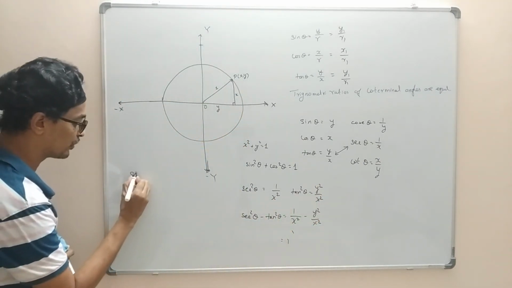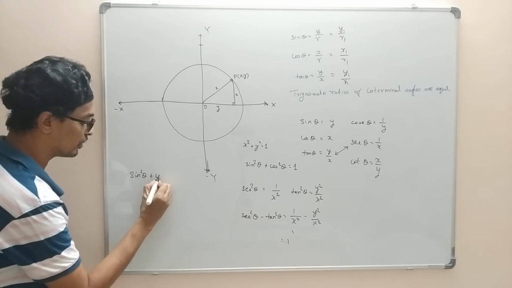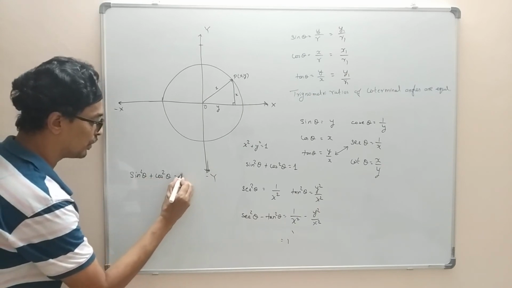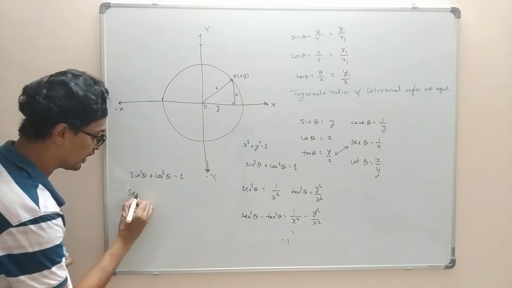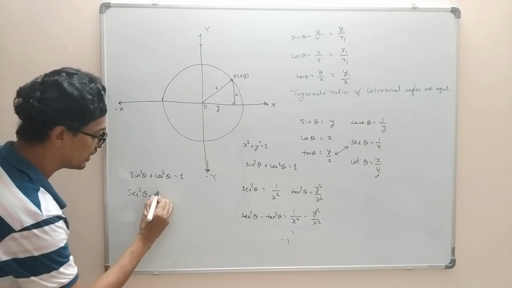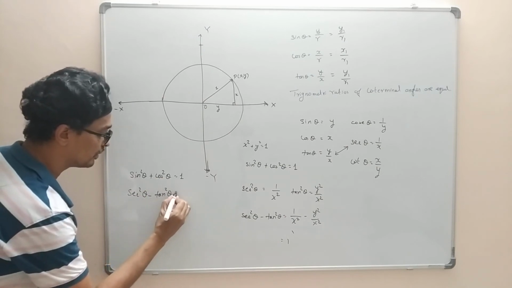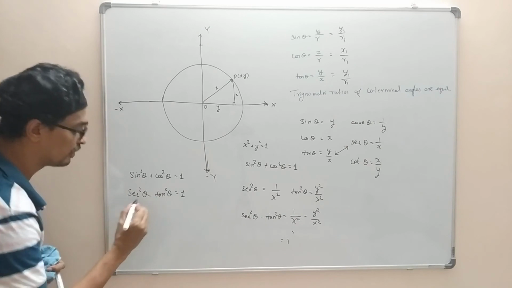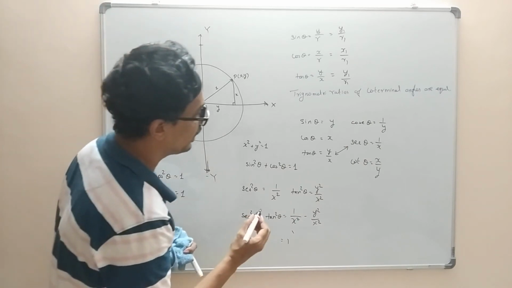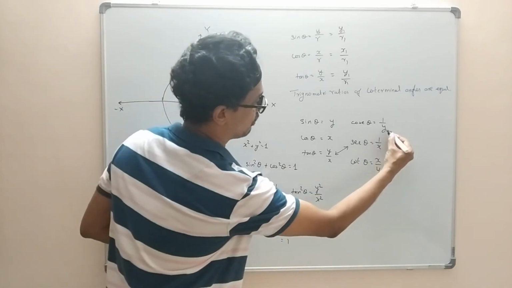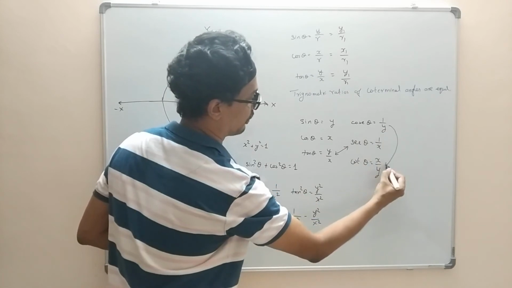So this is your second trigonometric identity. First one is sin square theta plus cos square theta equal to 1, then sec square theta minus tan square theta equal to 1, and the final one we can combine from these two. Both of them have a denominator of y.